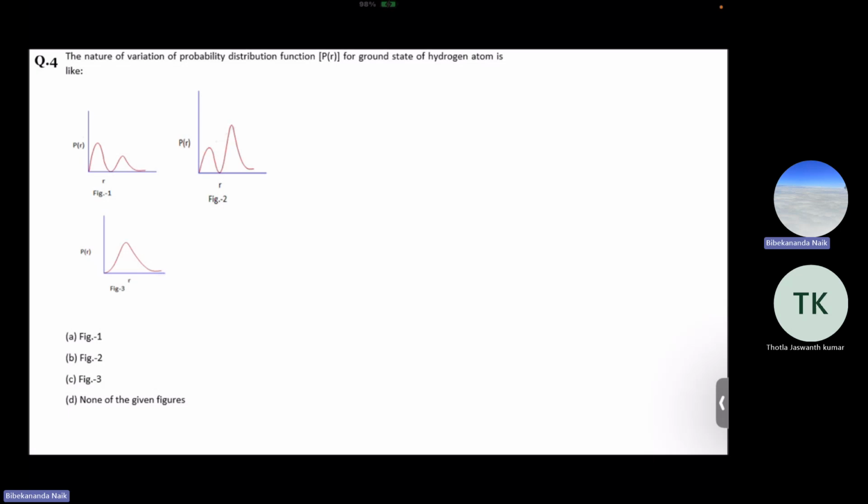So if we solve it, in the previous question we solved that the probability distribution function for the ground state is 4 r square by a0 cube e to the power minus 2 r by a0.